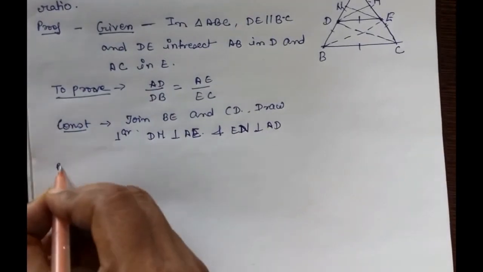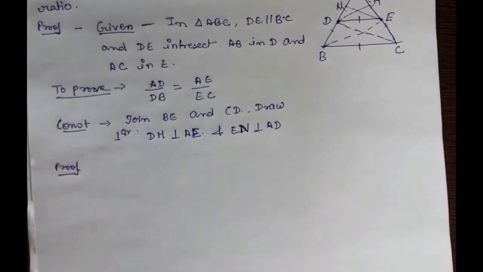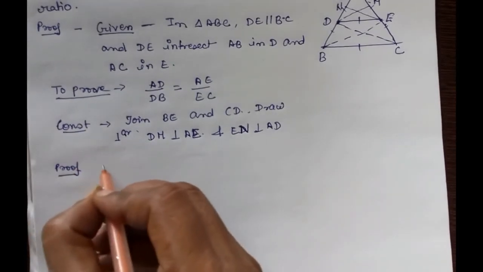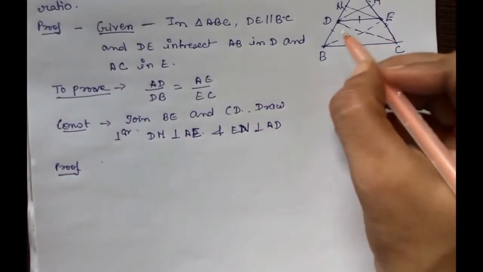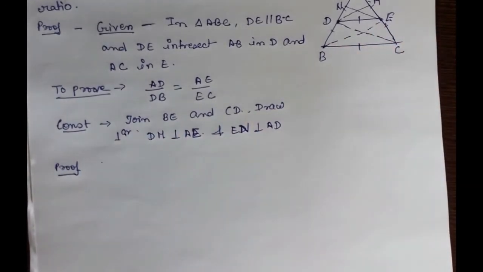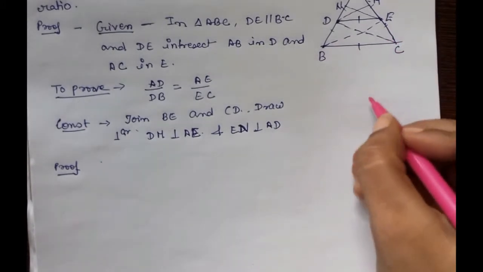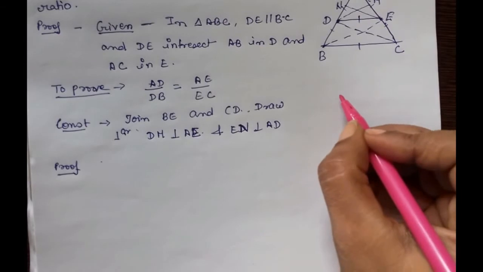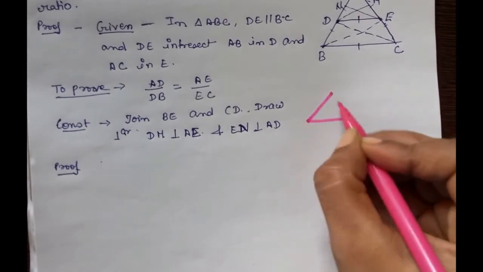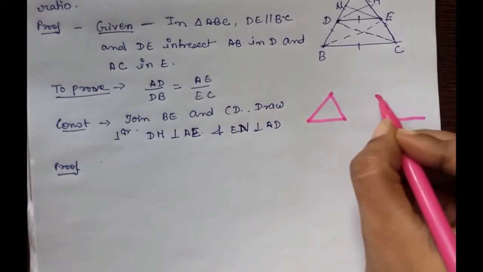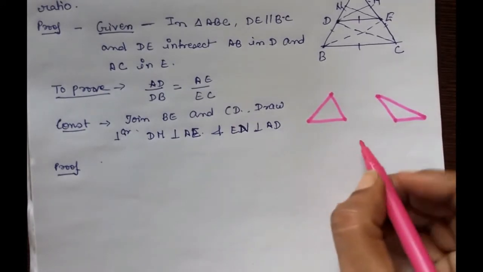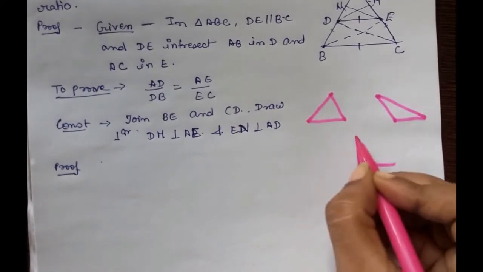Now come to the proof. Take these two triangles. See here. Students, we know about the three types of triangle. One triangle is like that, another is like that, and one is like that.